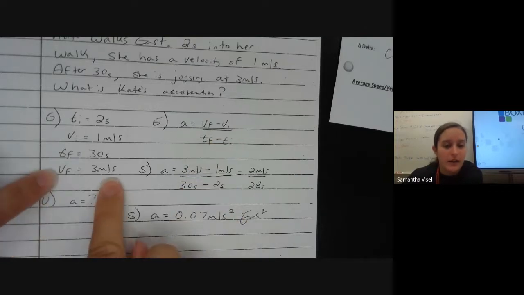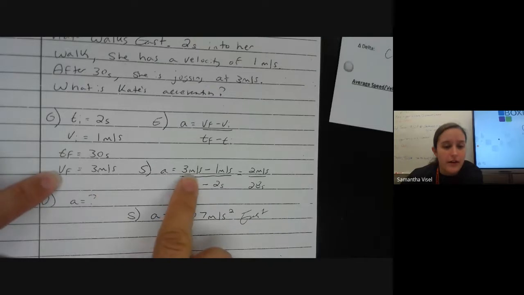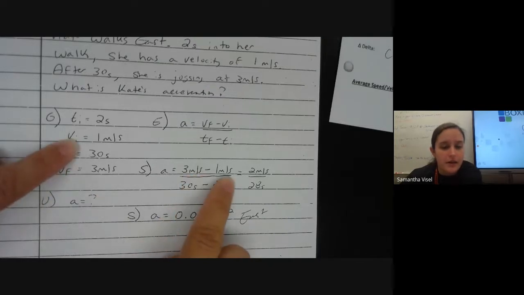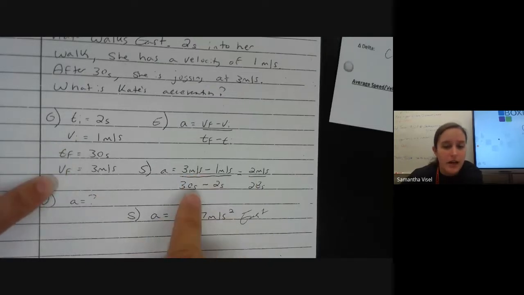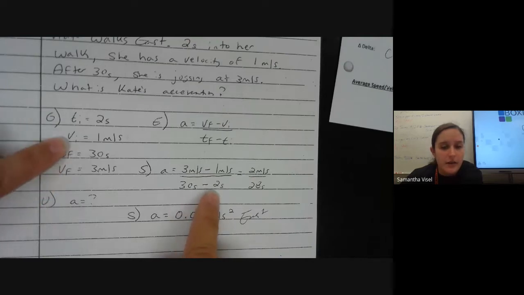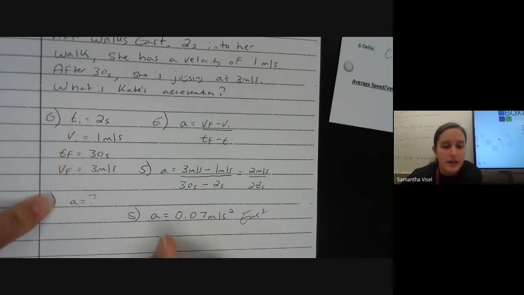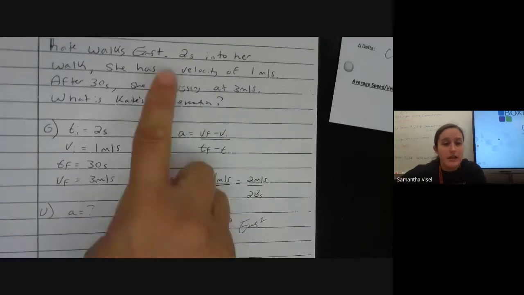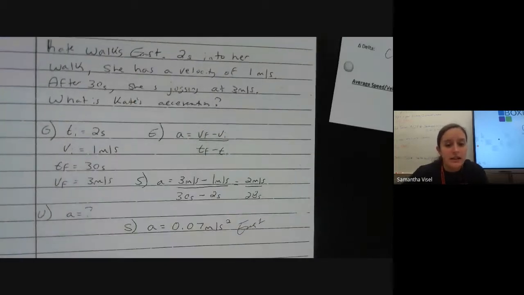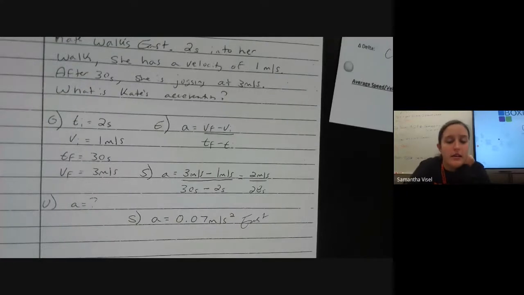So I go back to my givens: final velocity 3 minus initial 1 gives me 2 on top, over 30 seconds minus 2 seconds, 28 seconds on the bottom. When I divide this out, I get that acceleration is equal to 0.07 meters per second squared. Since I do have a direction up here, east, I am going to include that with my answer. So she's still walking eastward.